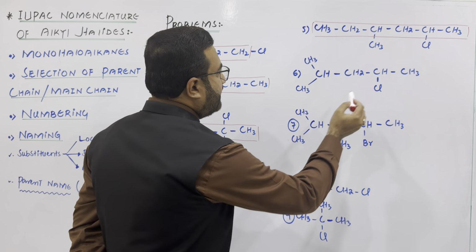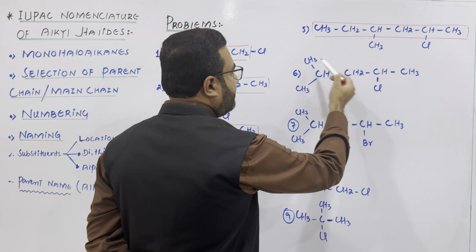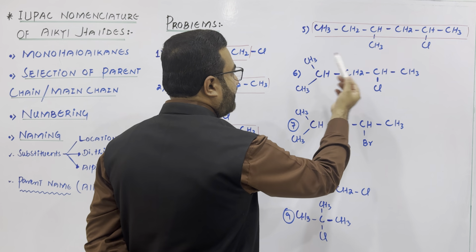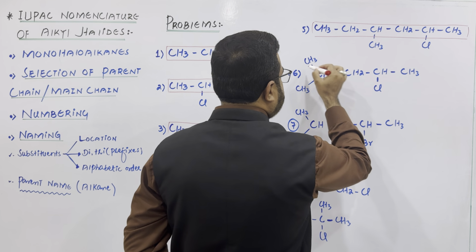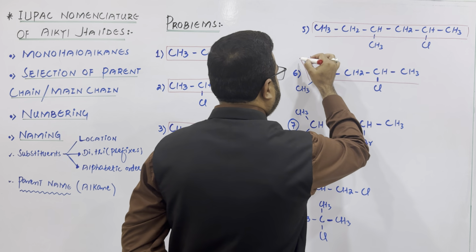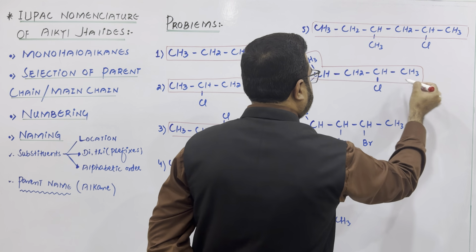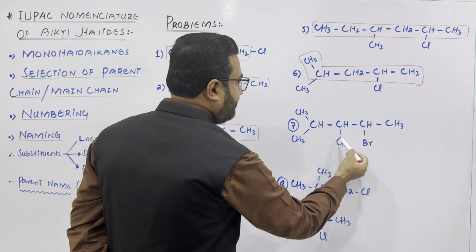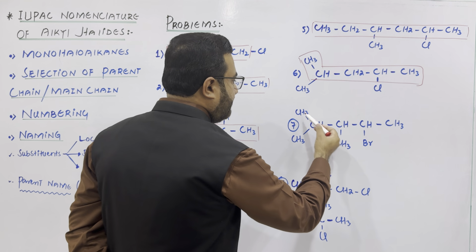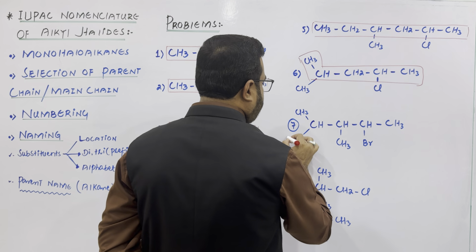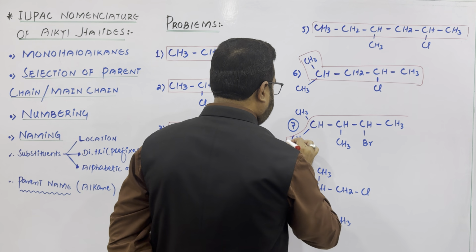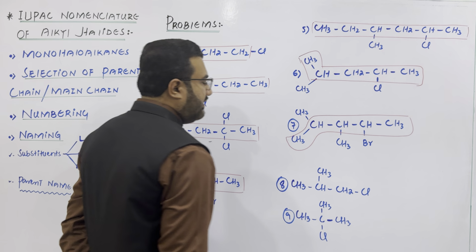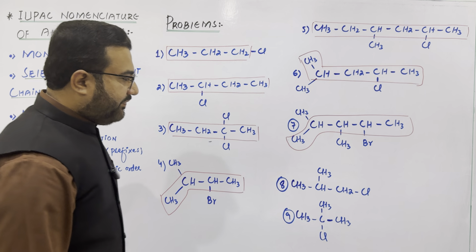And in this example, 1, 2, 3, 4, 5, or 1, 2, 3, 4, 5. Both chains have 5 carbon atoms. So you can select any of them as the parent chain. Now, in this one, 1, 2, 3, 4, no, 1, 2, 3, 4, 5. Again, there are 5 carbon atoms. So you can select this one as a parent chain.